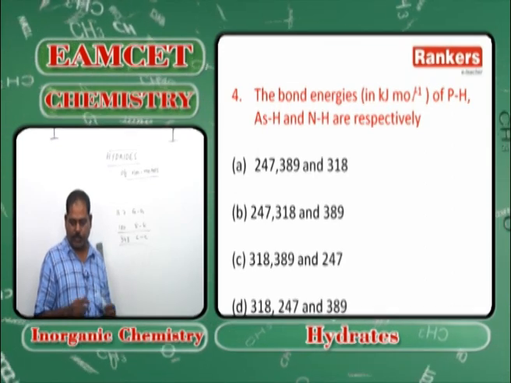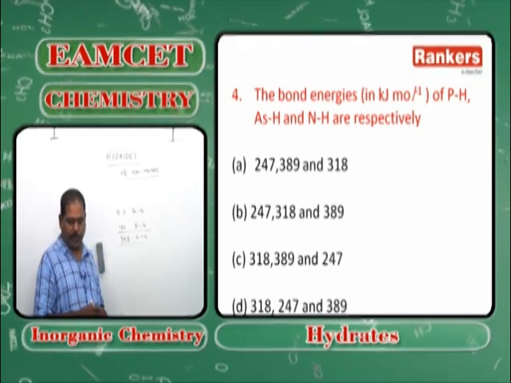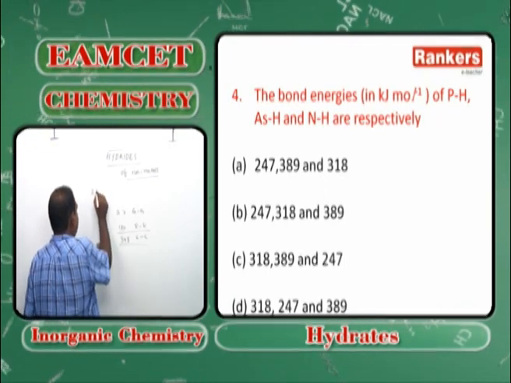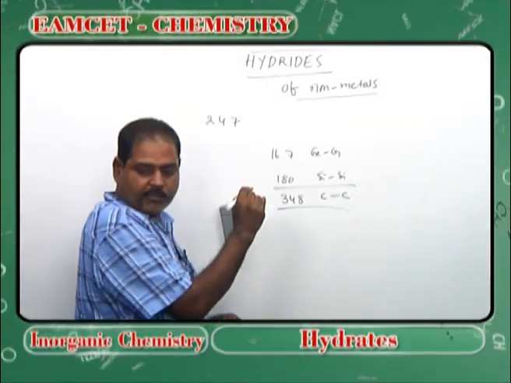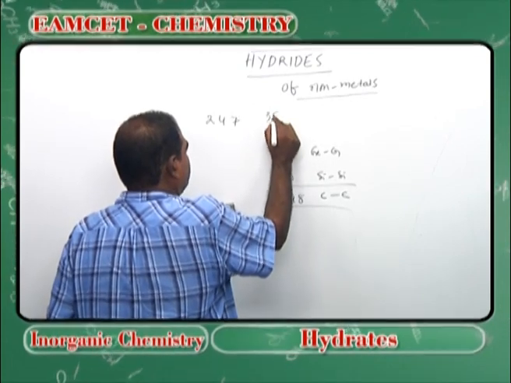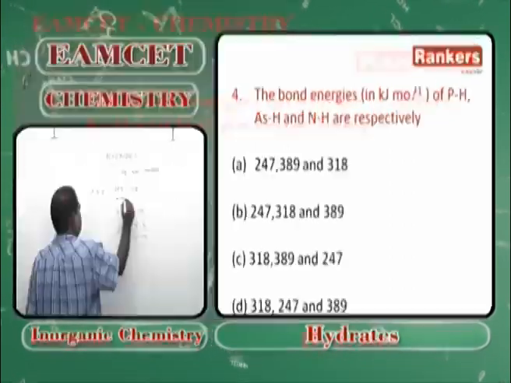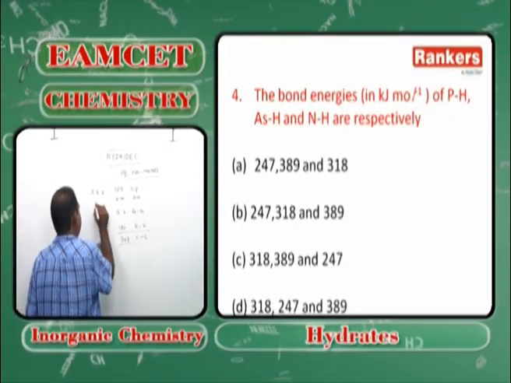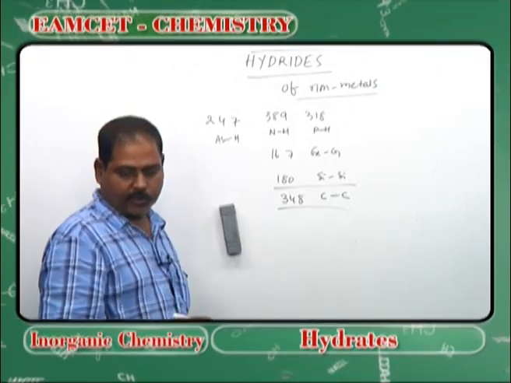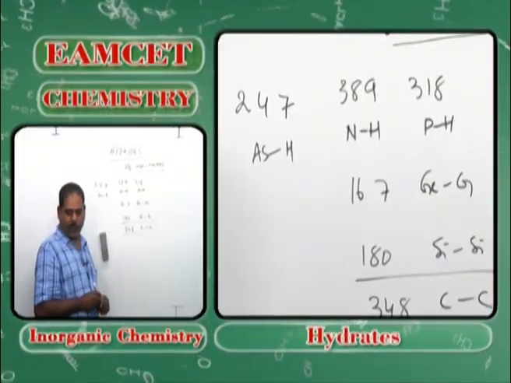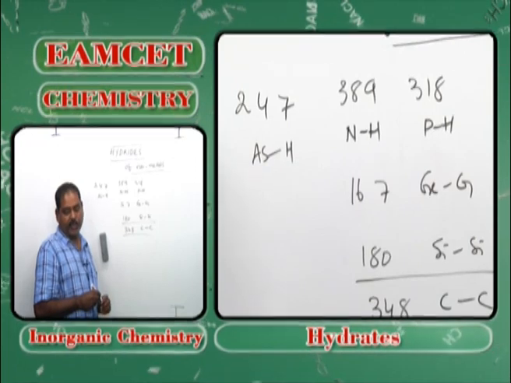Second highest is P-H. Third highest, you just make a 247. The other values: 389, 318. So, this is N-H bond, P-H bond, As-H bond. You look for the option. The order asked is PH3, AsH3, NH3.